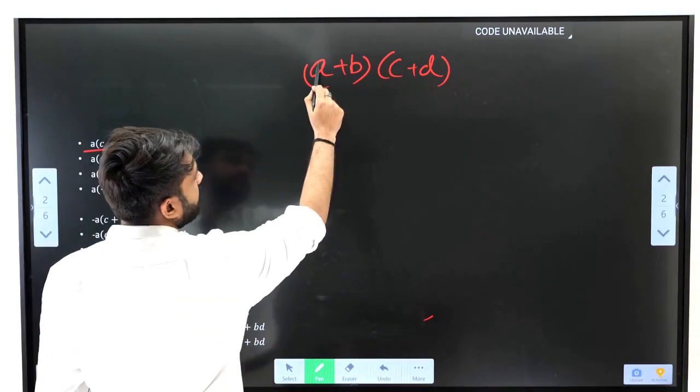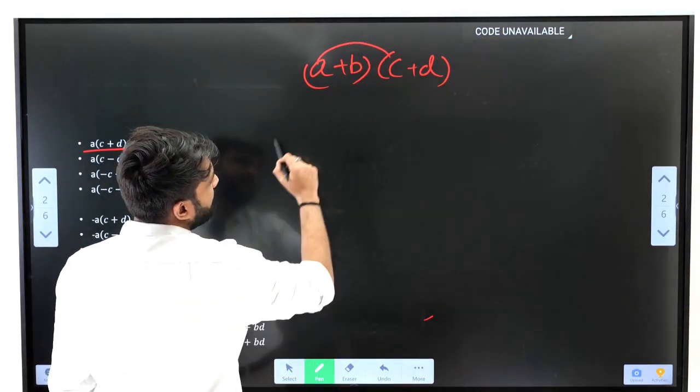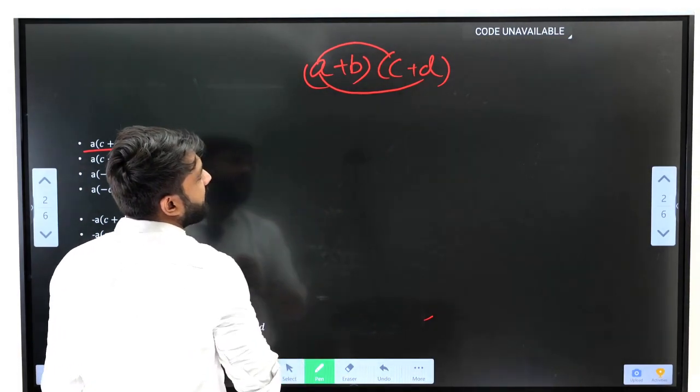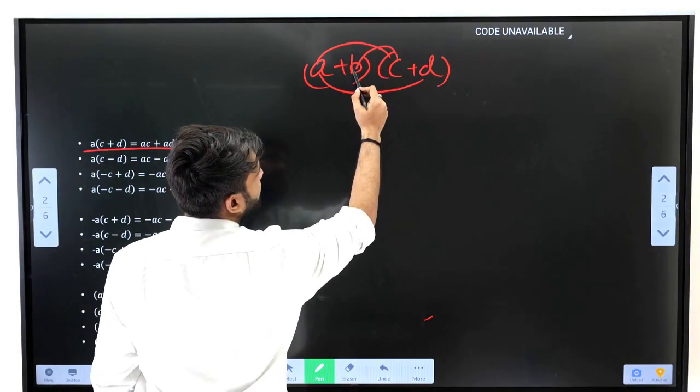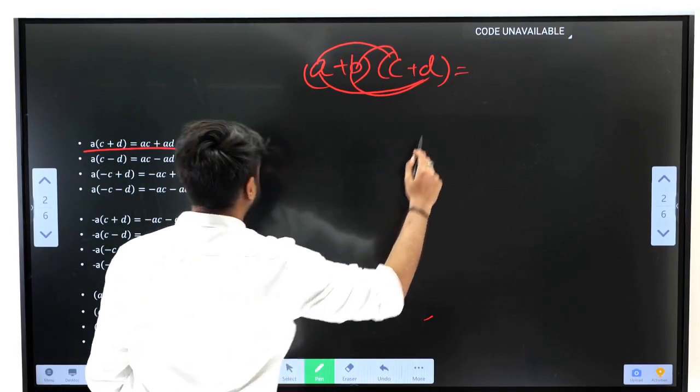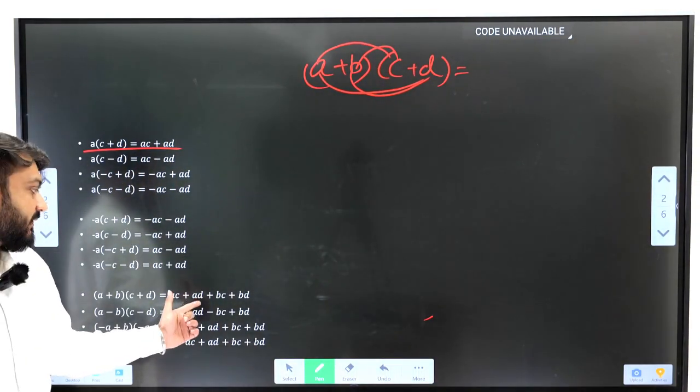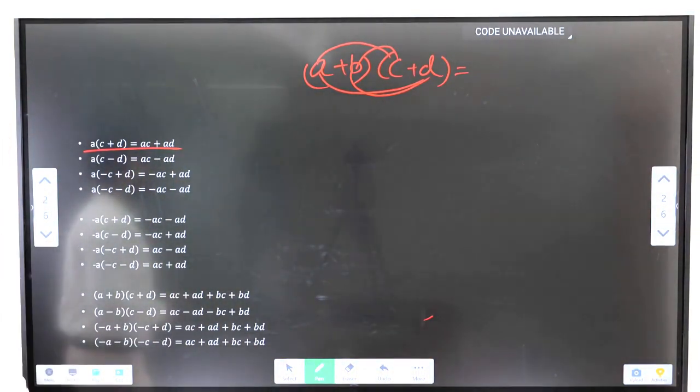Here, what you will do is firstly you multiply this A with C, and then this A with D. Same thing goes on B with C and then B with D, ultimately giving you the product of AC plus AD plus BC plus BD.